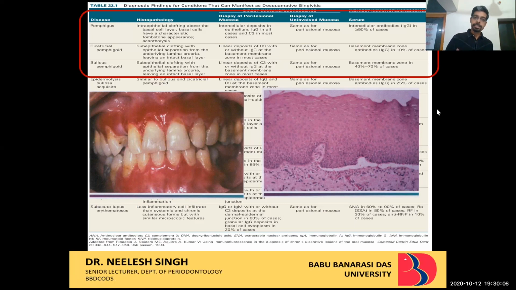So how will we differentiate? We will differentiate with indirect immunofluorescence. In the indirect immunofluorescence, the basement membrane zone antibody IgG is seen in only 10% of cases of cicatricial pemphigoid, whereas in bullous pemphigoid it is seen in more than 70% of the cases. So hence we will find out which lesion is which.